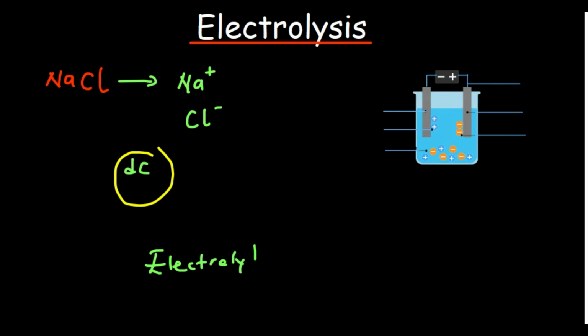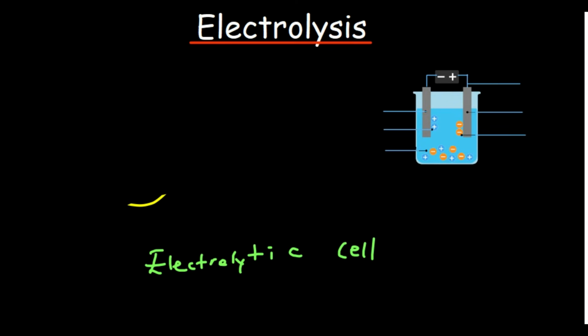So we have a decomposition of a compound into its elements by passing a DC current, which is passed through an electrolytic cell.